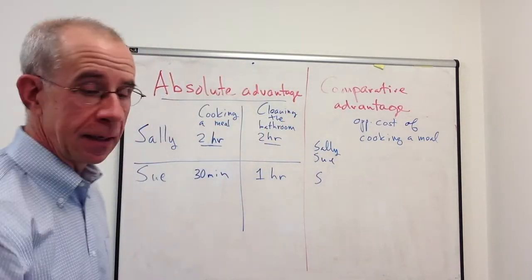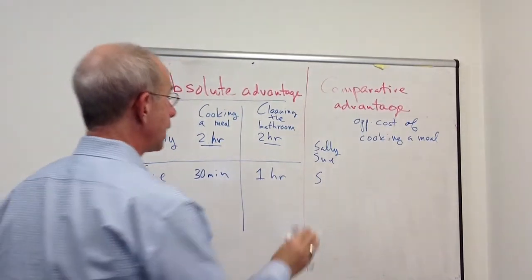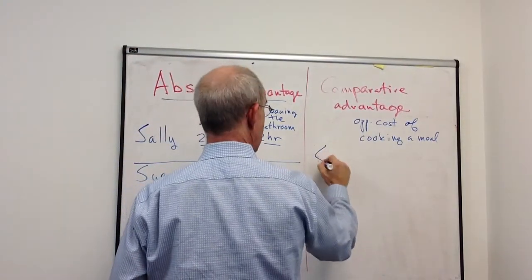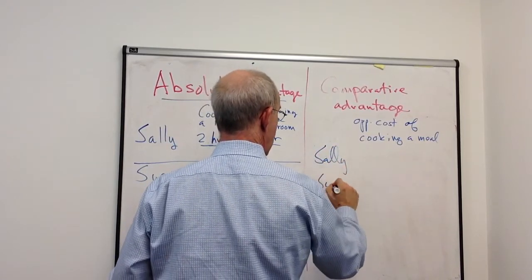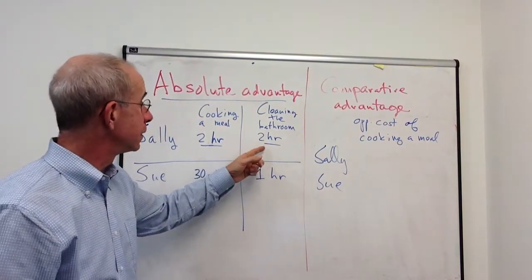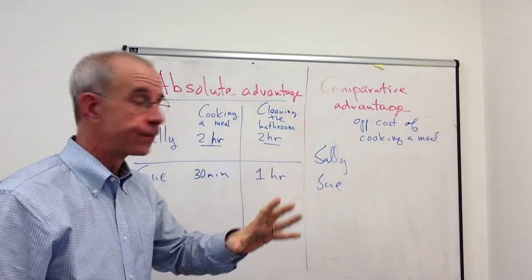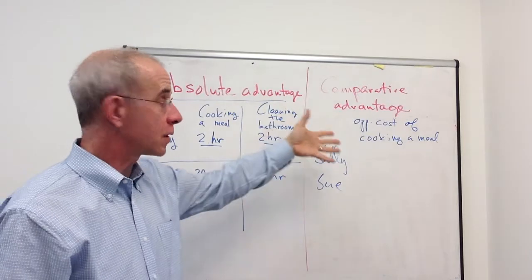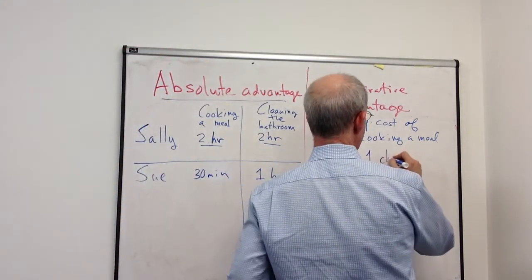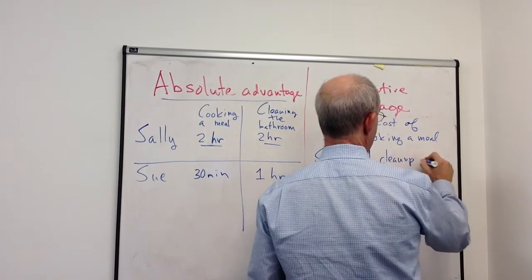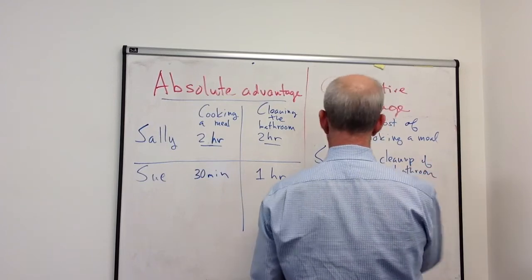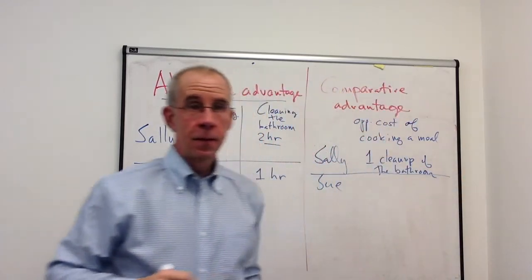Now, if Sally ends up deciding to cook a meal, she gives up the opportunity to clean the bathroom. So the opportunity cost of cooking the meal is one cleanup of the bathroom from Sally's standpoint.